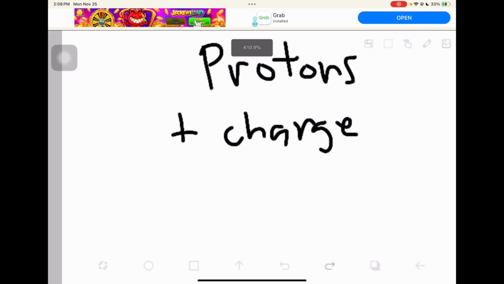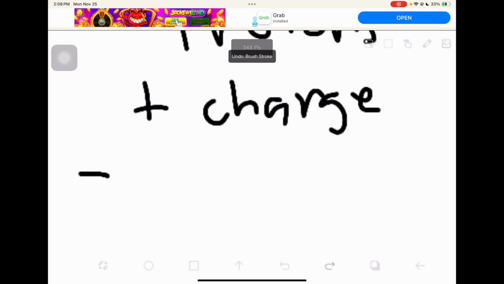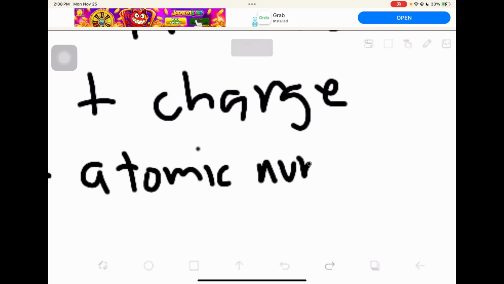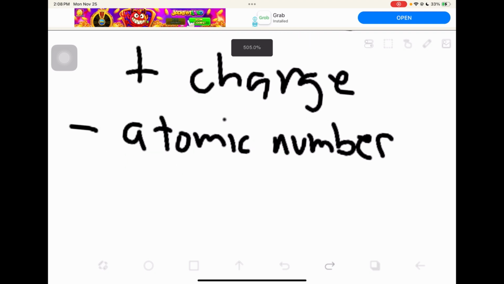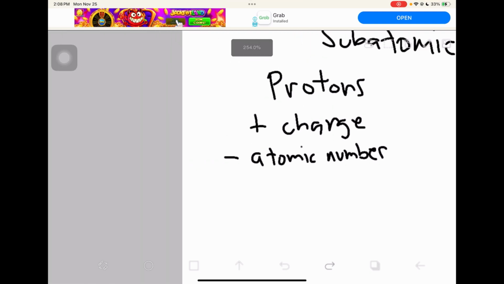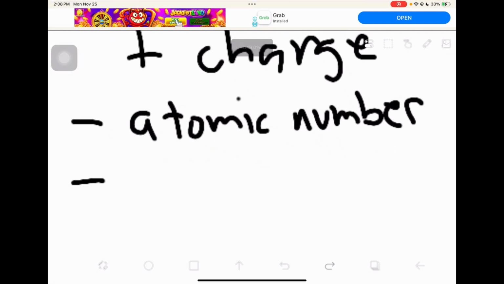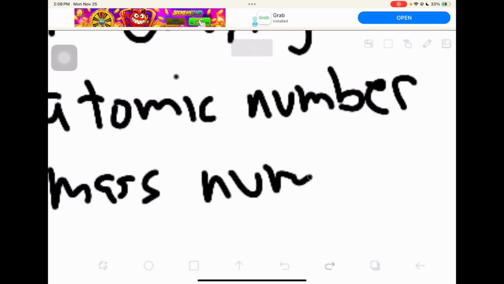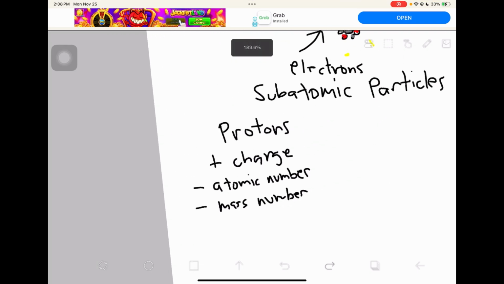And then they also correlate to the atomic number. And this one is also part of the mass number as well. So we'll talk about the mass number later.